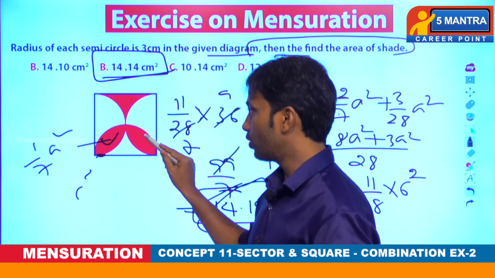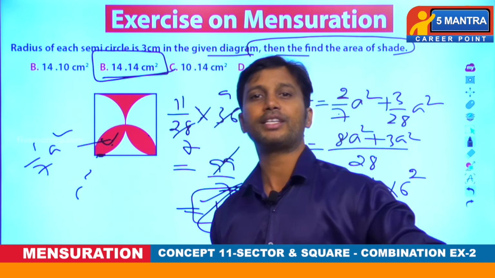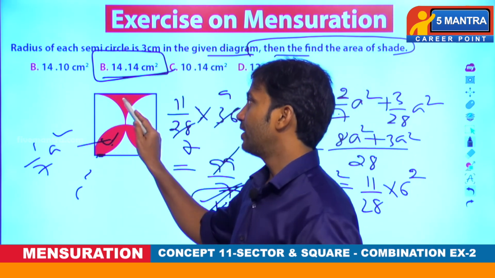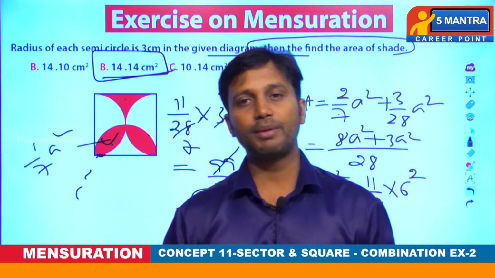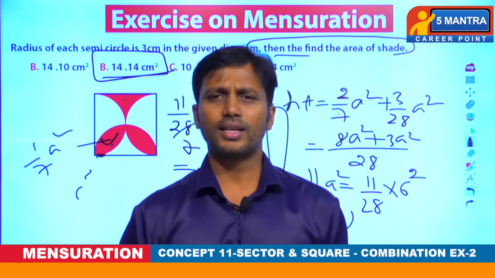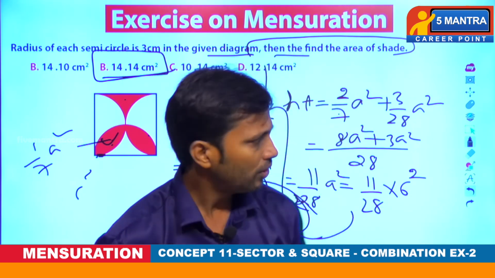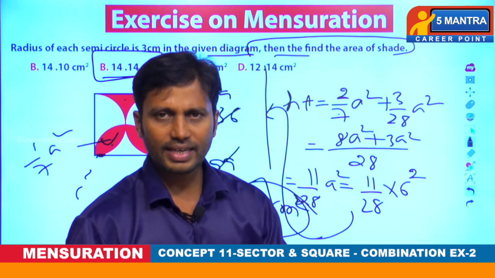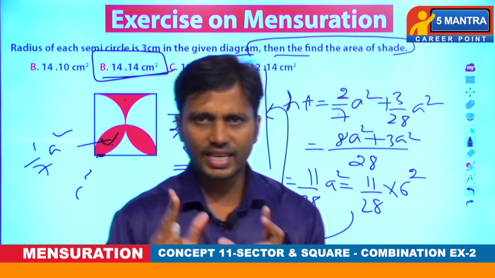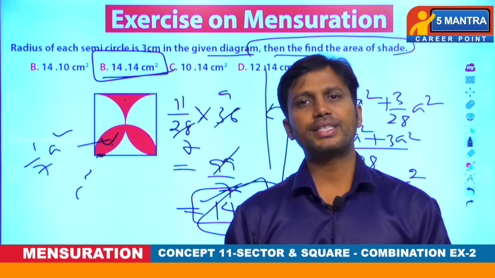Here 2 petals are there, each petal is 1 by 7 a square, so 2 by 7 a square, and each gap occupies 3 by 28 a square, which we put in and find it. Not only for this, for a lot of cases you can do like this. If you know that each petal carries 1 by 7 a square, each gap occupies 3 by 28 a square.